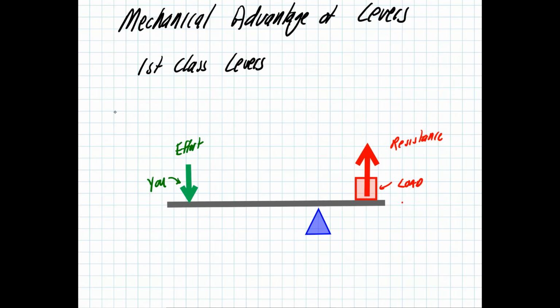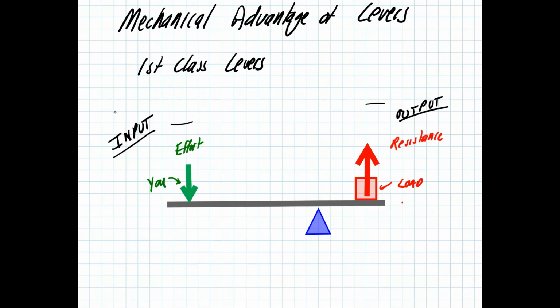Now, terminology, the words we choose to use. I tend to use a little bit different terminology. I think of this as the input side of the machine, and this is the output side of the machine. Everything that happens on this side I call input, and everything on this side I think of as output.